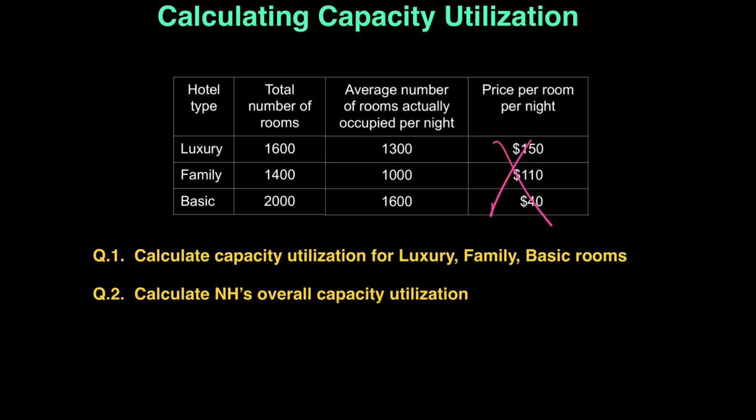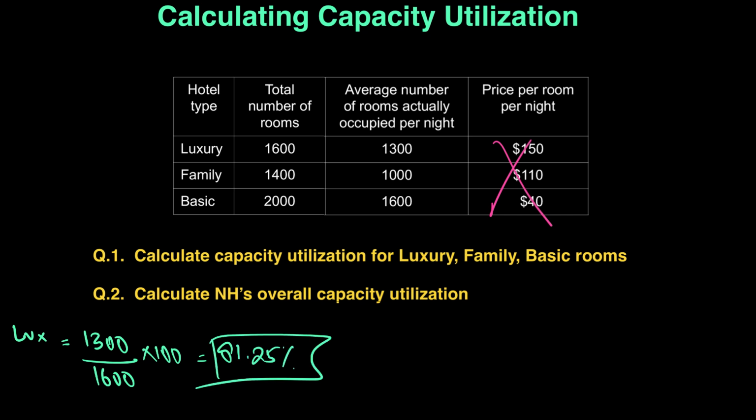If I first solve for luxury here, I'm going to call that lux. That becomes 1300 divided by 1600 into 100, and that gives me 81.25% for luxury. And if I look at family, that is 1000 divided by 1400 into 100.